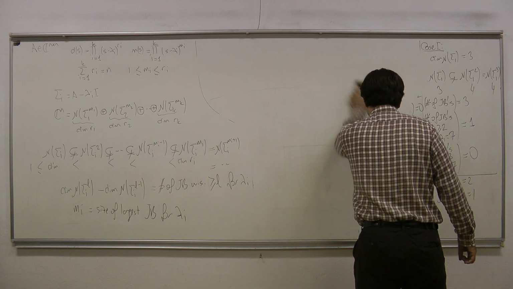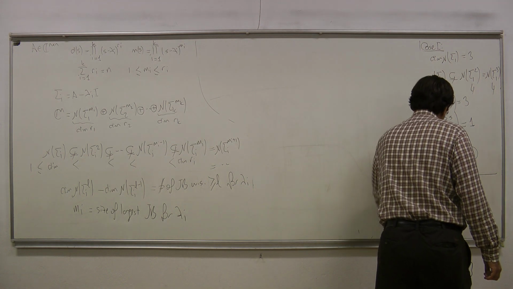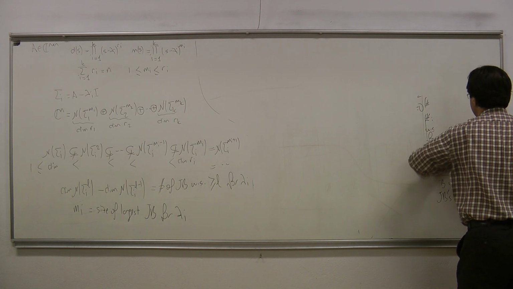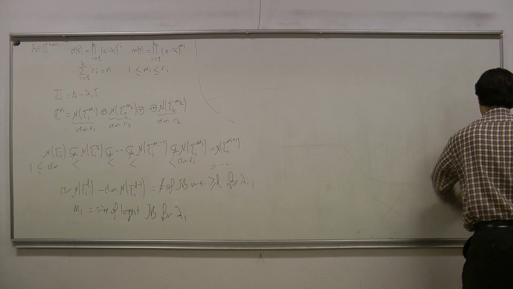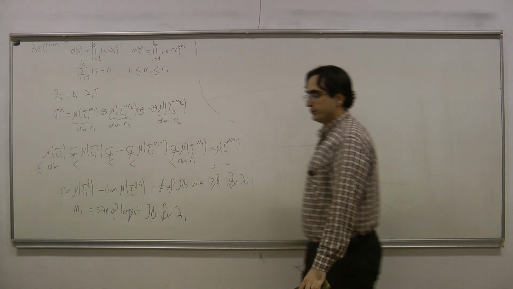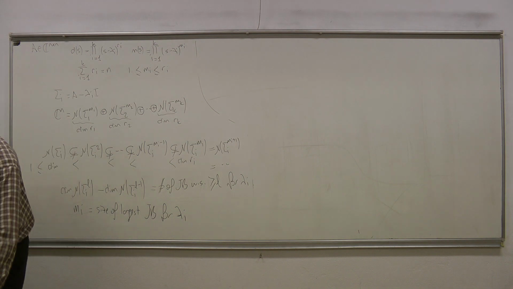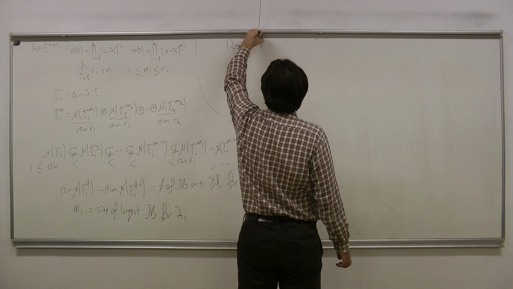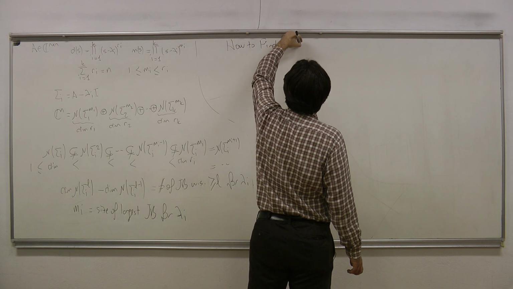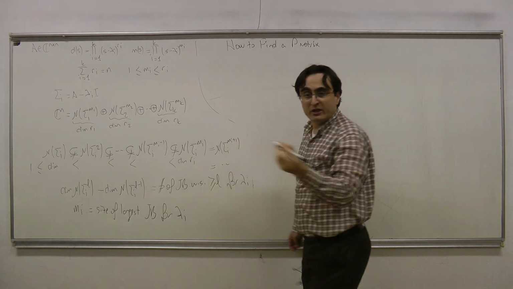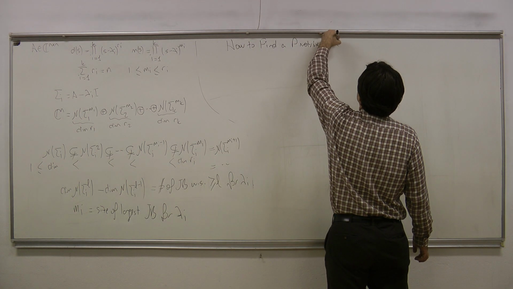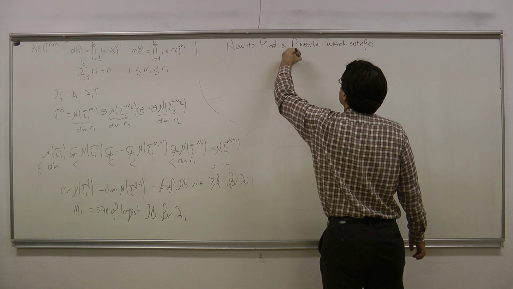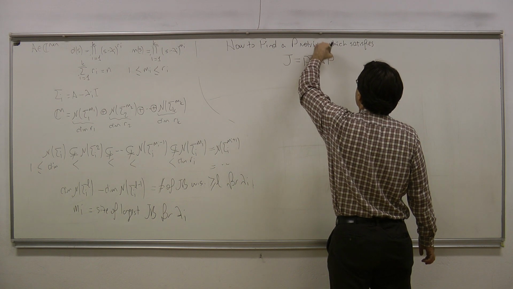So now we have completed our investigation of finding the Jordan canonical form. Now we're going to look at how to find a P matrix that would put the matrix A into this Jordan canonical form. So now we are starting on the concept of how to find a P matrix, a basis change matrix, which satisfies Jordan canonical form is equal to P inverse AP.